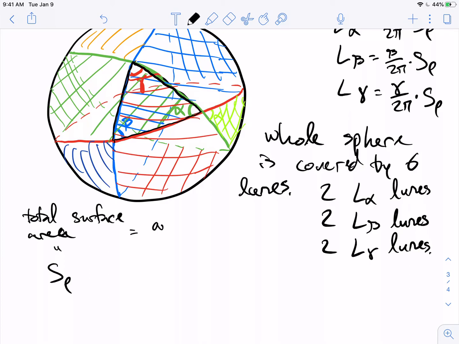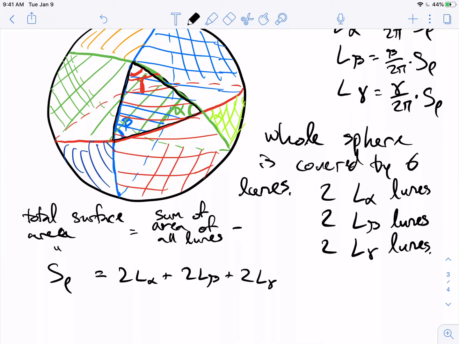That's equal to the sum of the area of all the lunes. So this is 2 times L alpha plus 2 times L beta plus 2 times L gamma. But we've overcounted, so minus some overlap. So minus something. Right? Now how much overlap do we have? What to put in this question mark to get a true equation?